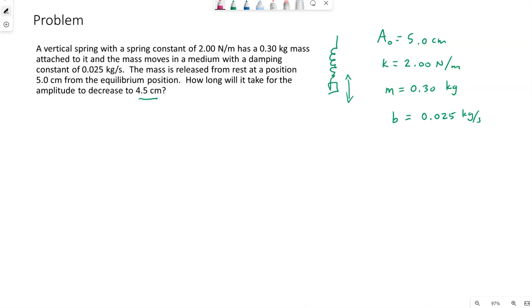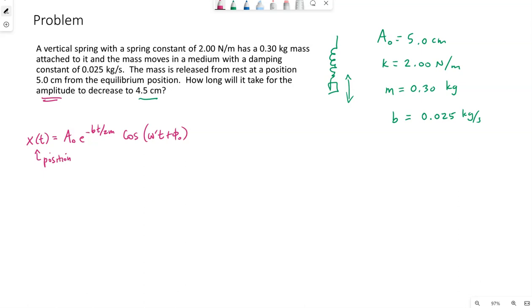Okay, so it's asking us about how the amplitude is changing. Now, as a reminder, with damped oscillations, we have a couple of equations. This equation, the x of t, represents the position of the oscillator, the mass in this case, as a function of time.